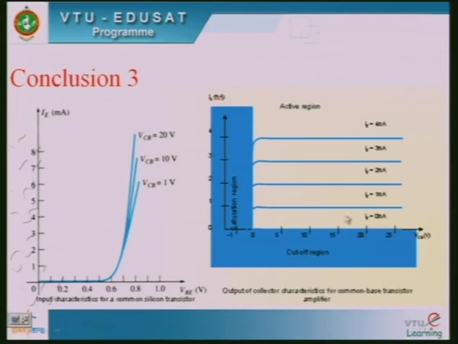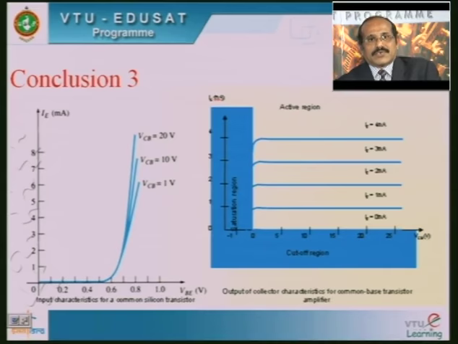Irrespective of variation in VCB, there is no effect on IC, because this is the active region, where it stays almost constant. The active region is used for amplification because it is a linear region, and there is equal distance between these current curves. These equidistant current curves give rise to faithful amplification. That is one important feature of the active region.